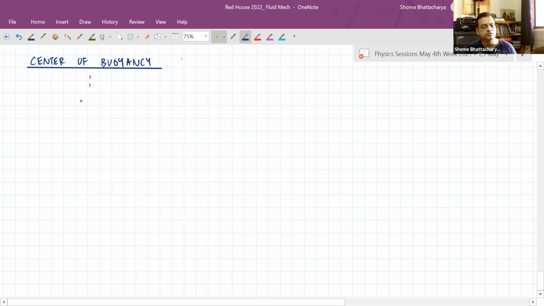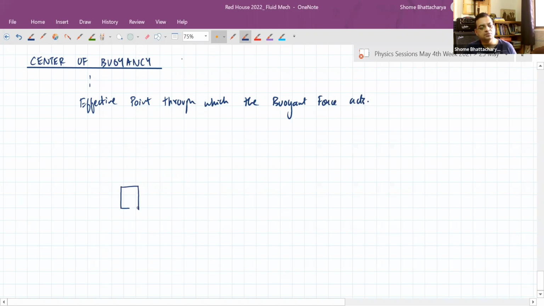It is the effective point through which the buoyant force acts.